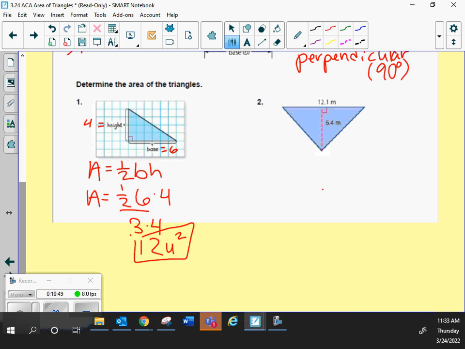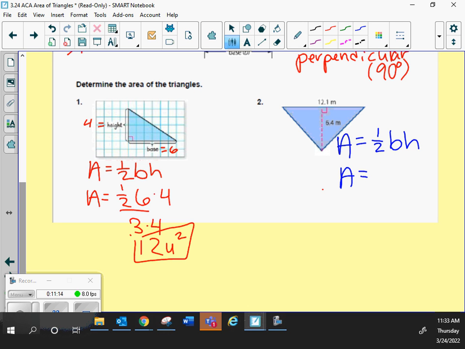I see another, what kind of shape? Triangle. Kyle, what's that formula for a triangle? A equals half of B times H. Very good. Substitute in. Ryan, can you substitute in my values for me? 6.4. Read the whole thing.